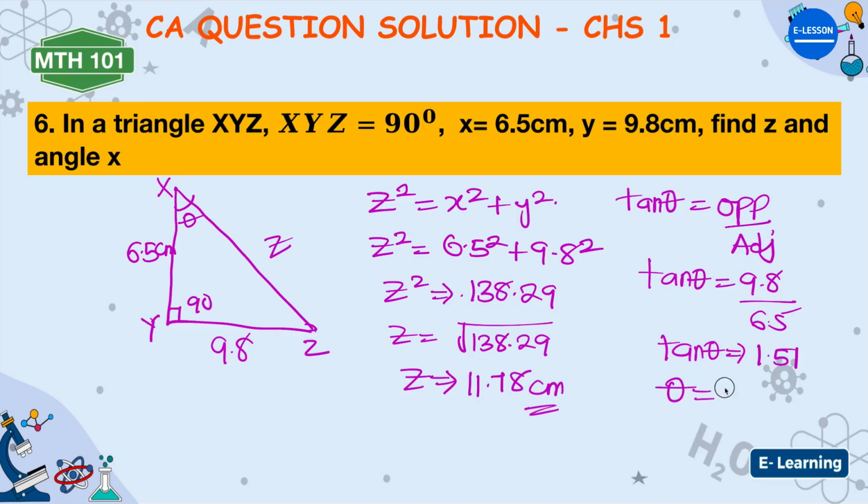So theta is the tan inverse of 1.51. So we have shift tan 1.51. Theta is 56.5 degrees. So that is the answer to that question. A very simple one. Let us look at the next one.